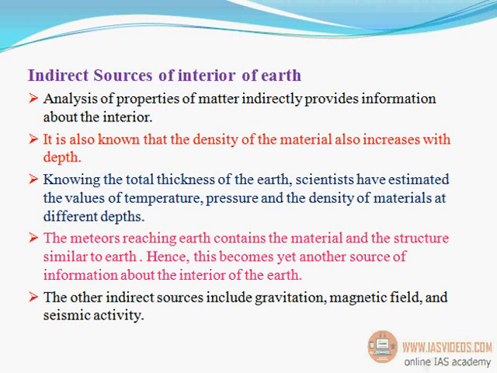The meteors reaching Earth contain material and structure similar to Earth. Hence, this becomes yet another source of information about the interior of the Earth. The other indirect sources include gravitation, magnetic field, and seismic activity.